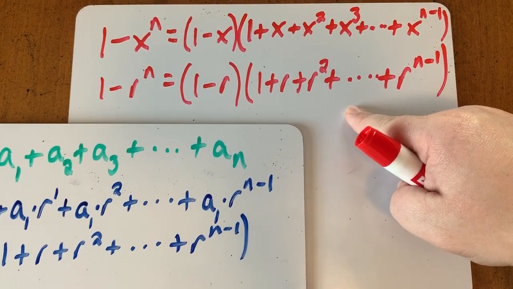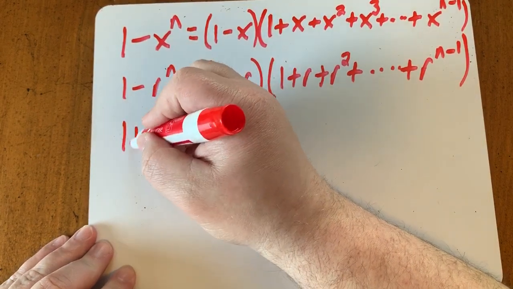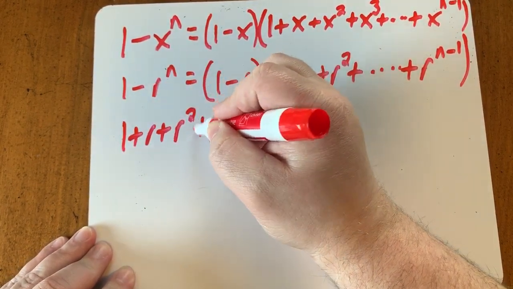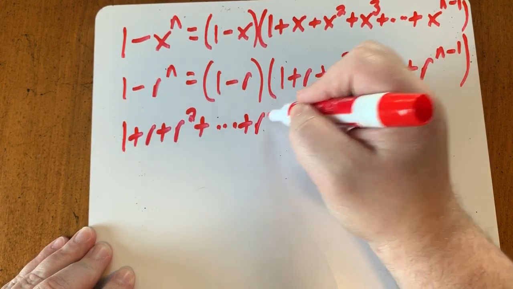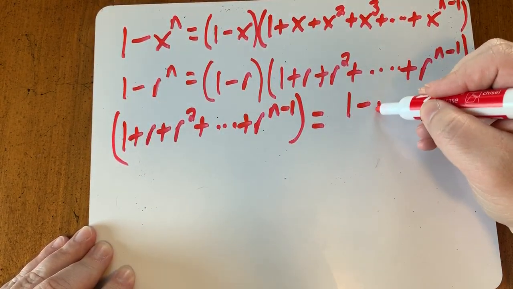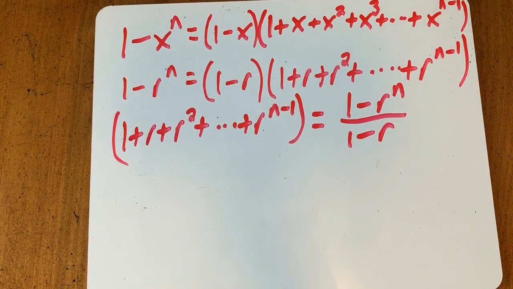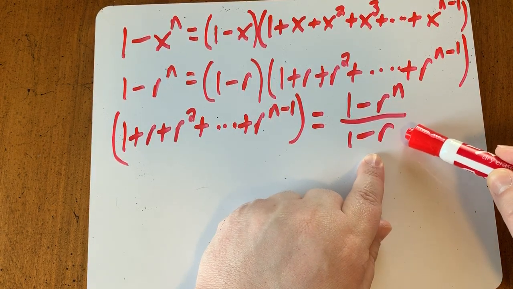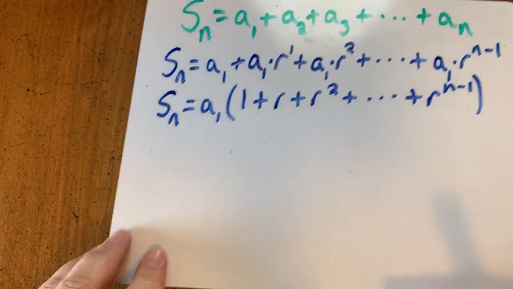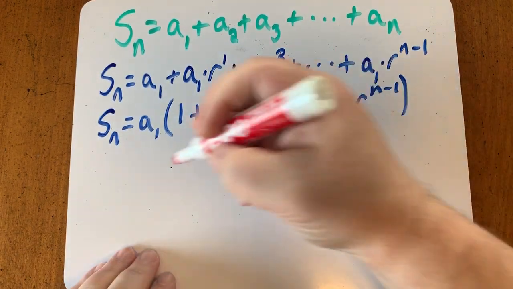That's pretty super. So we can isolate that. 1 plus r plus r squared plus up to r to the n minus 1 is equal to 1 minus r to the n over 1 minus r. So we can use that and replace that on the other page or panel, whatever it is, whiteboard. That's the word I'm looking for.